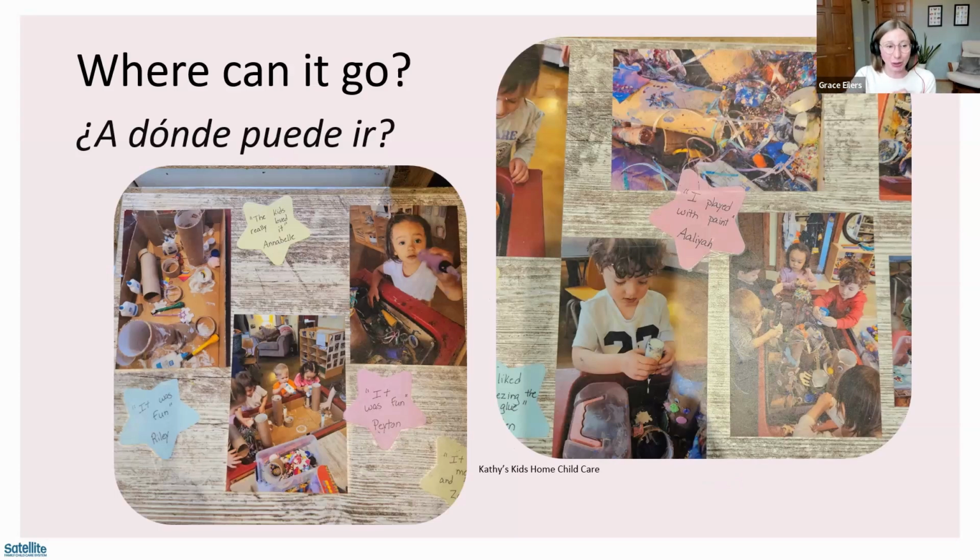Kathy took photos of children engaged in a very, very messy glue, glitter, cardboard roll, tape, all of the things in a big cardboard box in the sensory bin. And there wasn't really something that children could say, this is mine, and I'm going to put it up on the wall. So she took photos and displayed those photos in the environment, quoting what children were expressing and saying during this experience.